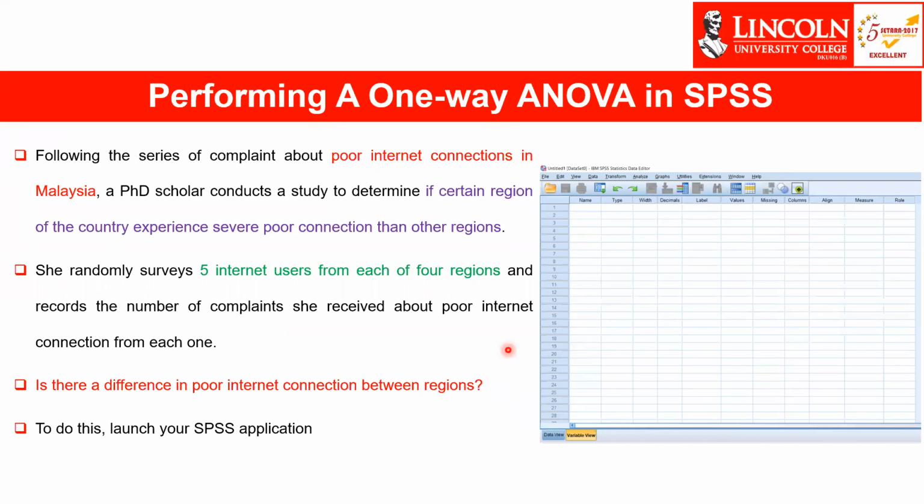So following the series of complaints about poor internet connection in Malaysia, a PhD scholar conducted a study to determine if certain regions of the country experience poorer connection than other regions. She randomly surveys 5 internet users from each of 4 regions and records the number of complaints she received about poor internet connection from each one.